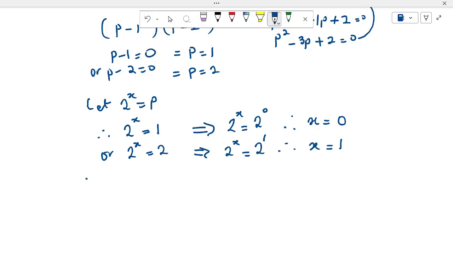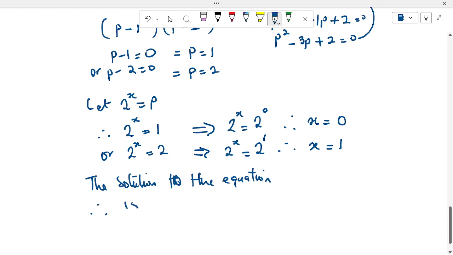The solution to the equation, therefore, is x equals 1 or 0. That is your answer.